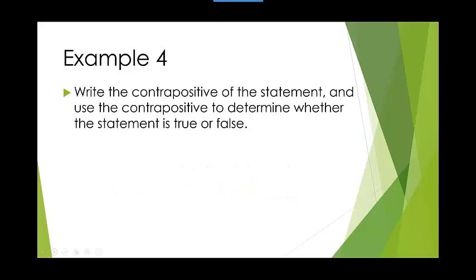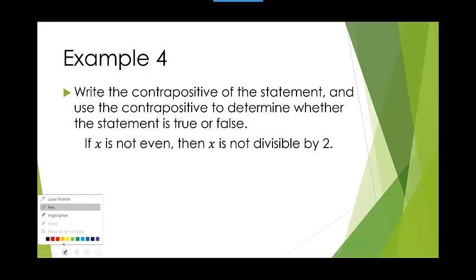All right, so one more here. We're asked to write the contrapositive of the statement and then use that to determine whether the original statement is true or false. So here's the statement. If x is not even, then x is not divisible by 2.